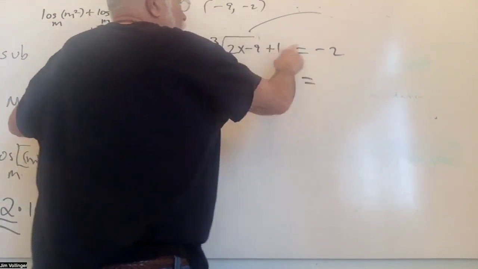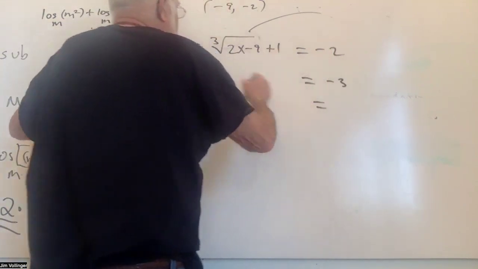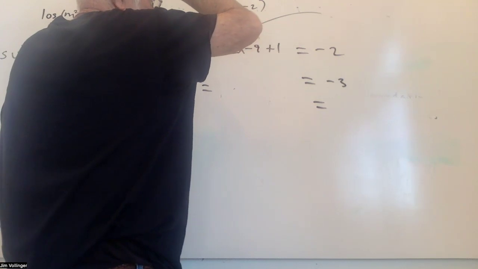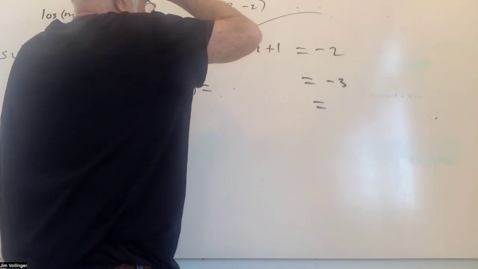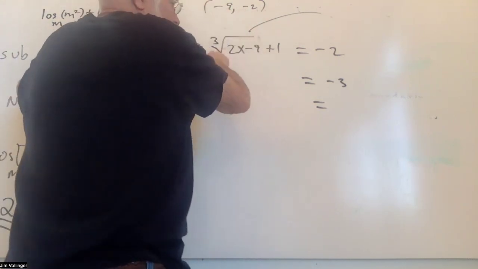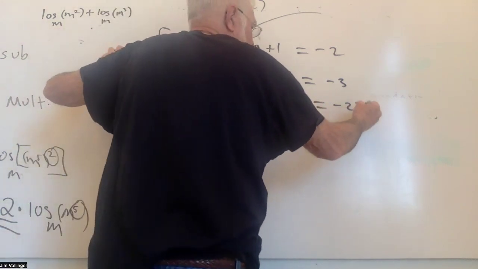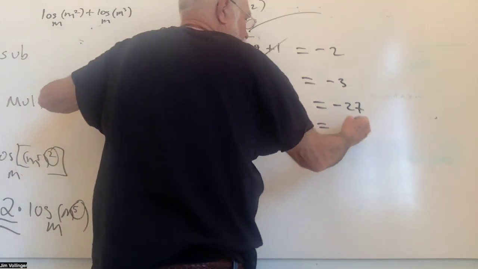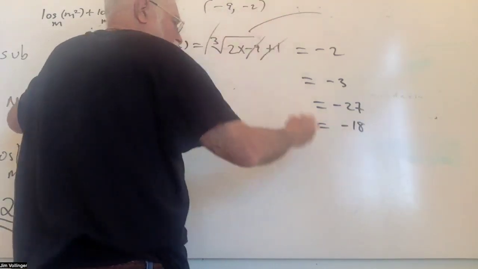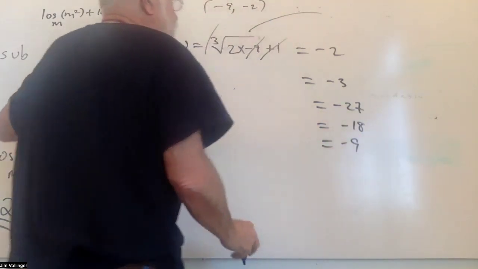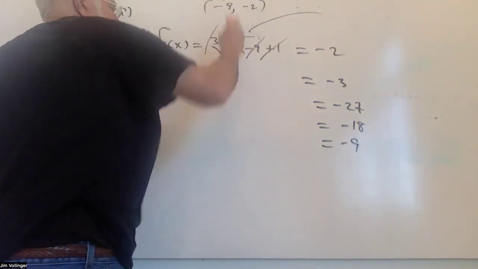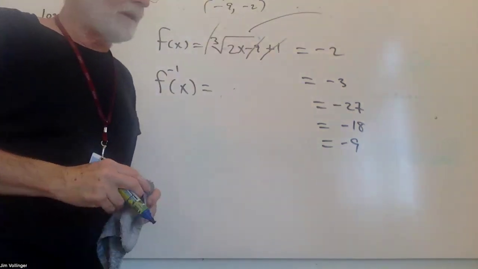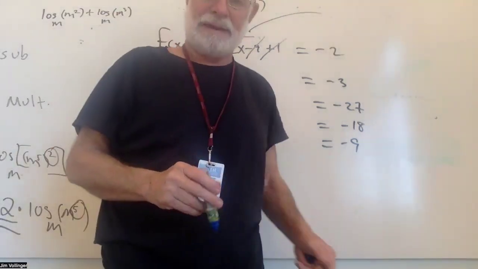So subtract 1, -3. Well, we're going to cube, the inverse of cubing. So -27, that takes care of that. Going to add 9, that's -18. We're going to divide, there's your -9. Just a shortcut by keeping your eyes open to what's going on.